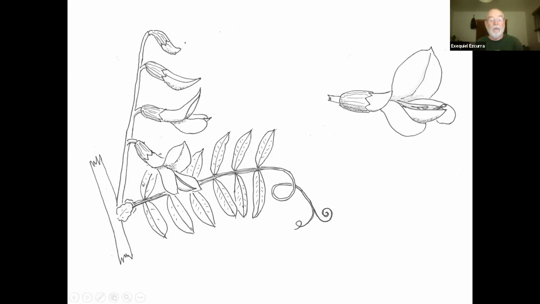You can see the typical leaf of legumes in general, the papilionaceous, compound leaves with folioles. Normally, almost all legumes have two stipules. You can see the stipules here in the base.